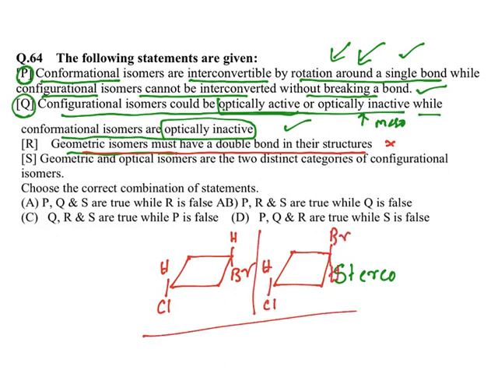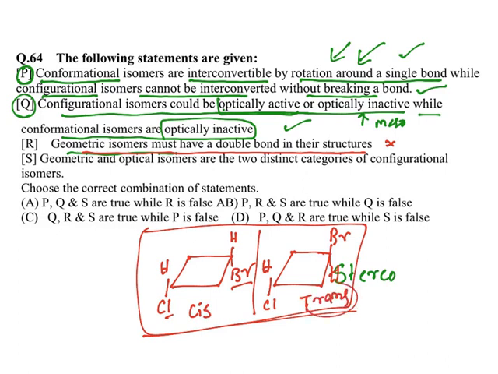These two are geometric isomers, and these two are geometric isomers without any double bonds. In this one both the bulky groups are on the same side. This is called cis. This is the opposite, so these are trans. They are geometric isomers, but they do not have any double bond. So it is not required to have a double bond there.